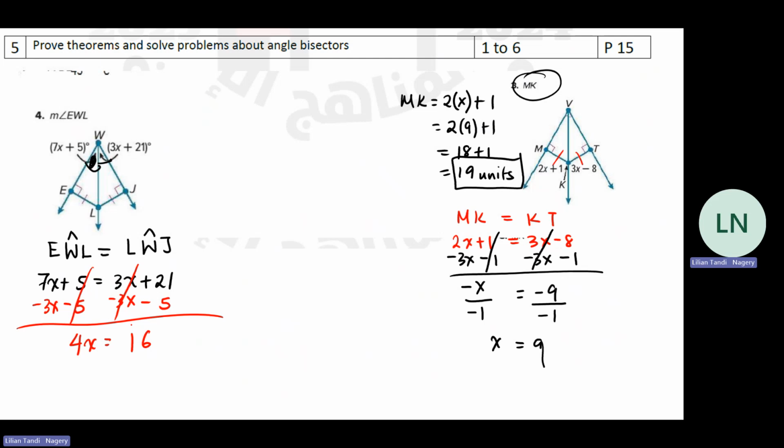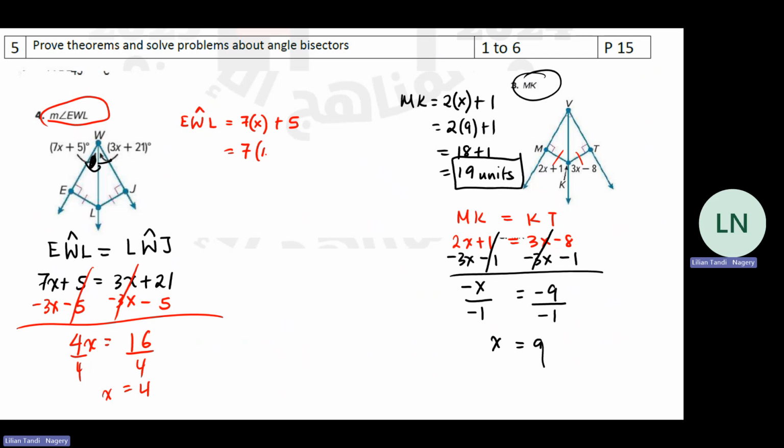Okay? After I do that, I divide both sides by 4. X is equal to 4. I don't want x, I want angle EWL. Angle EWL is 7x plus 5. I know my x, so I'll put it in bracket plus 5.